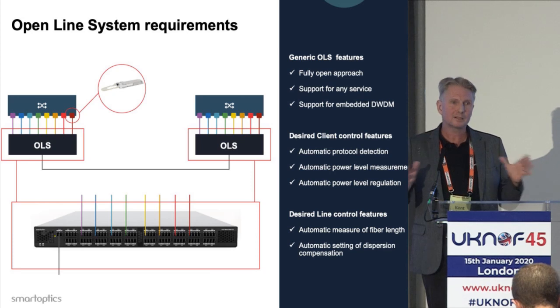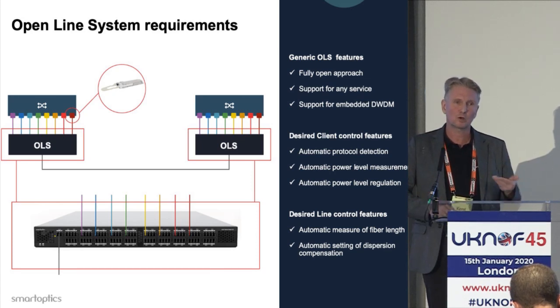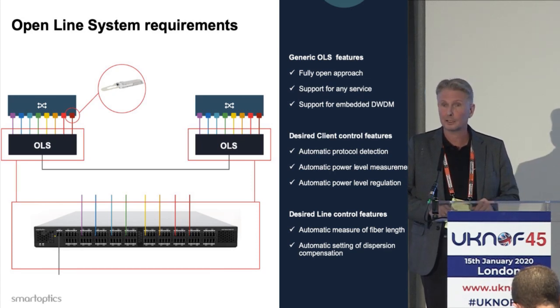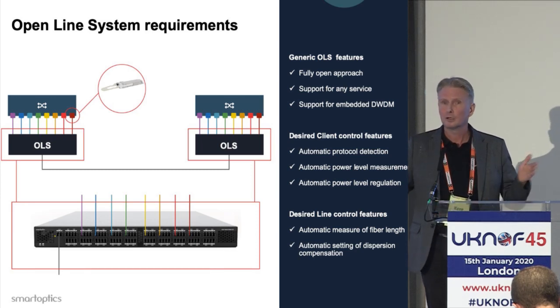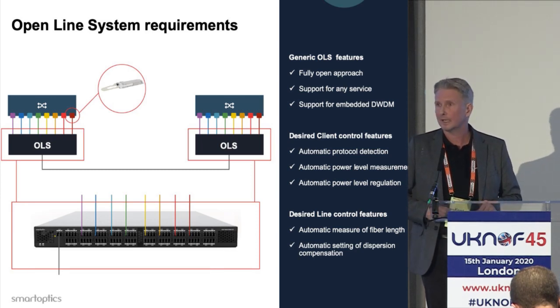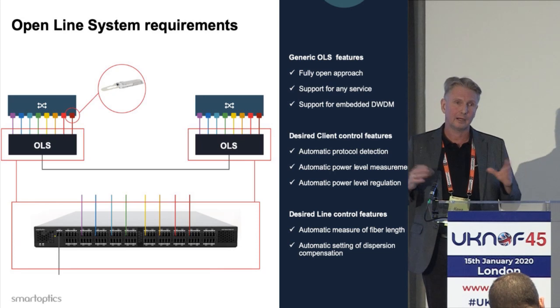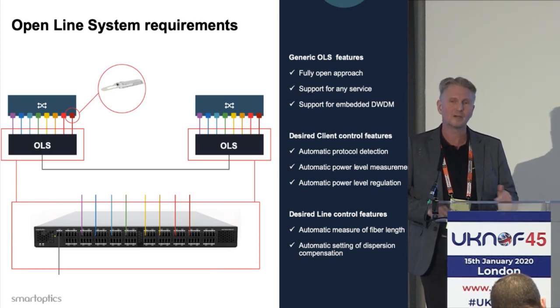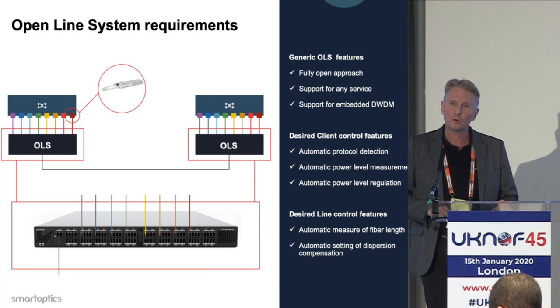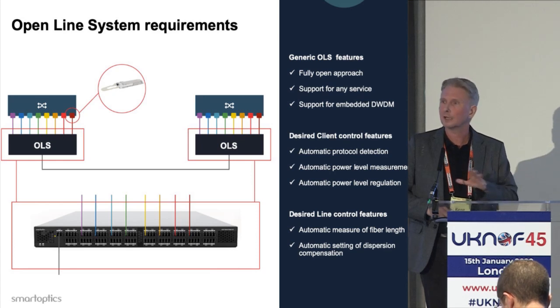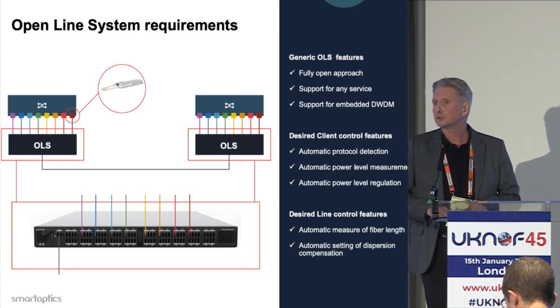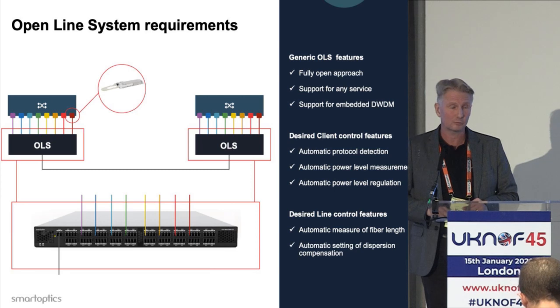You should have a client setup where you can actually determine what kind of traffic comes in and balance that in an appropriate way, so you get a complete zero-touch provisioning feeling of it. And last but not least, on the line side, you should be able to get automation there, so you actually take care of those dispersion-related issues or challenges that you have with newer formats. That means you have a tunable dispersion compensation unit that will automatically tune your network to the appropriate levels and so on.